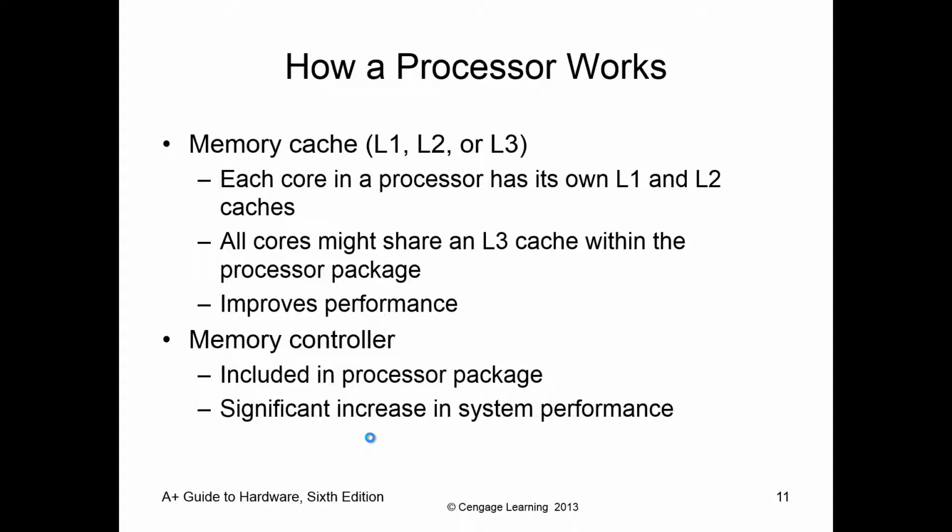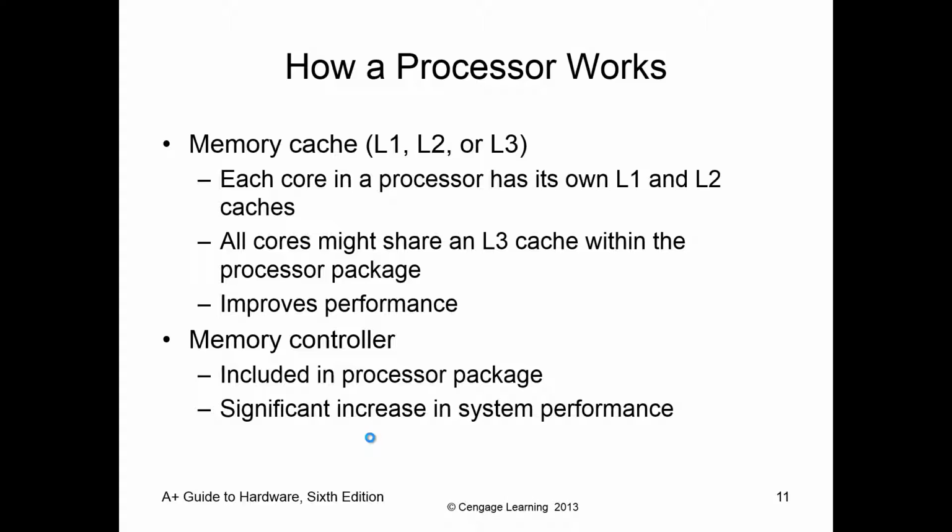L3 is the slowest. However, keep in mind these are all typically faster than the traditional memory for the rest of the system. These are just special memory for the processor. Each core in a processor has its own L1 and L2, but they will share L3. All this really does is help improve performance.